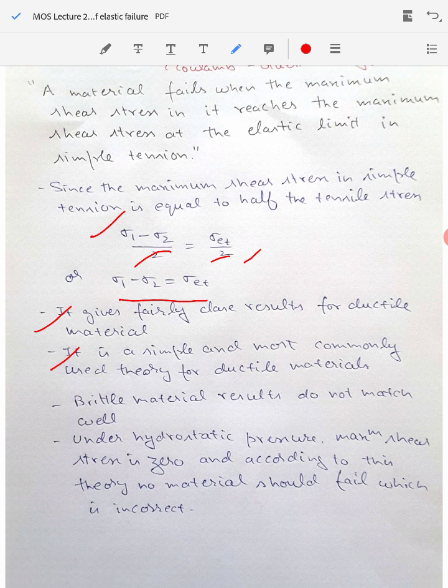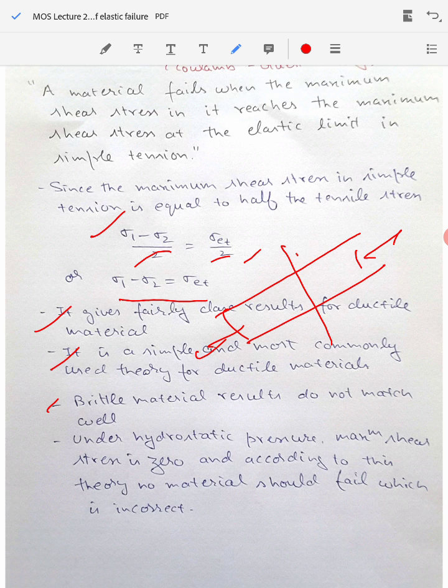For brittle material it doesn't work well, it doesn't provide very good results, because we know that in the case of brittle material the failure occurs because of the normal stresses, not because of the shear stresses. If you take a cast iron specimen and apply a tensile load, stretching it in a simple tensile test, it will fail exactly at 90 degrees to the load application axis, right? Why?